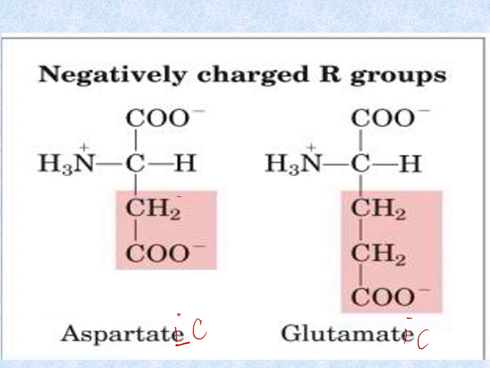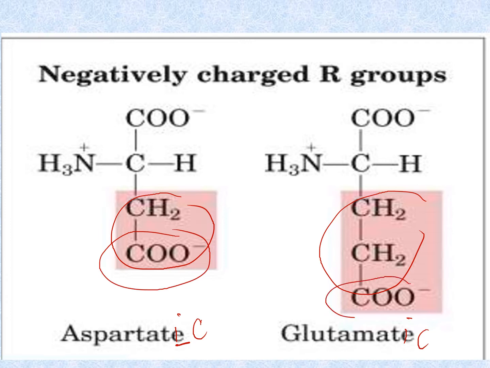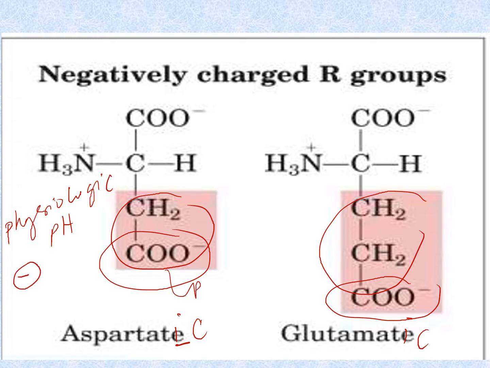Now, as you can observe in the side chain of your aspartate and glutamate, we have what we call additional carboxyl groups in their side chains. And we already knew that in physiologic pH, carboxyl groups usually carry a negative charge because they tend to let go of the protons that they have in their structure.